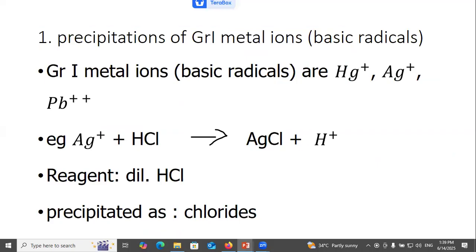Precipitation of group first metal ions, basic radicals: mercury, silver, lead. For example, silver ion is treated with hydrochloric acid, the reagent, and precipitates as silver chloride.